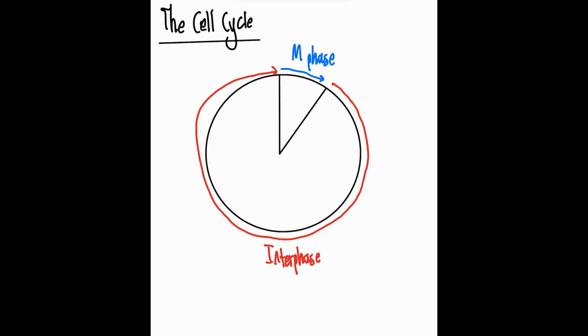So, what exactly is interphase? Interphase is mainly split into three major parts. 1, 2, 3. So, what are these three major parts? The first major part is called G1. The second one is called S, and the third one is called G2. So these three are three totally different phases that are under interphase.